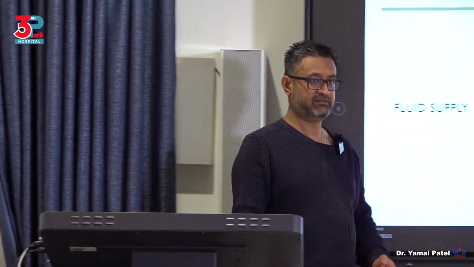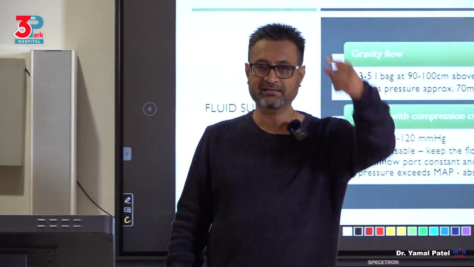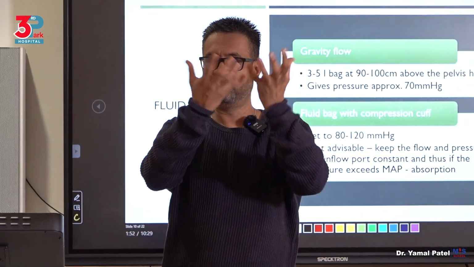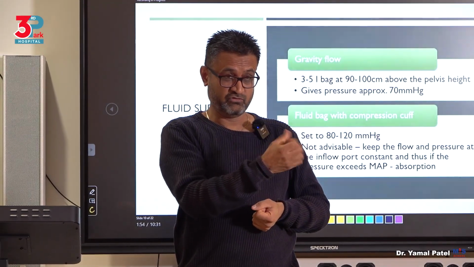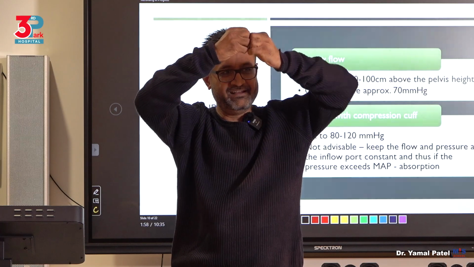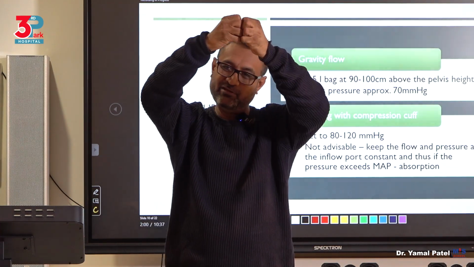The second thing is you could use the same bag and then put a compression cuff on it. So what does that mean? They are like BP cuffs that you could put around the bag, and then you pressurize. So you do that, or you press like this with your hand and push it. So this is manual pressure.